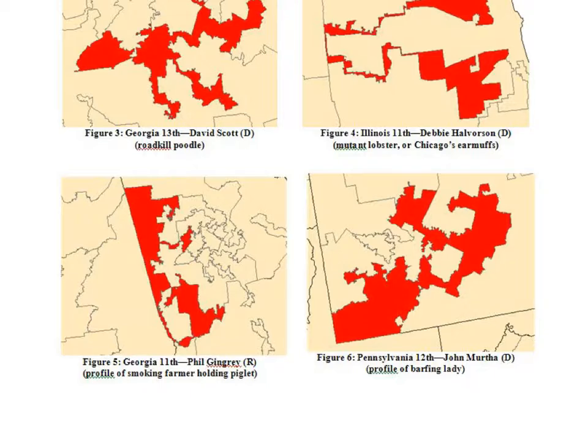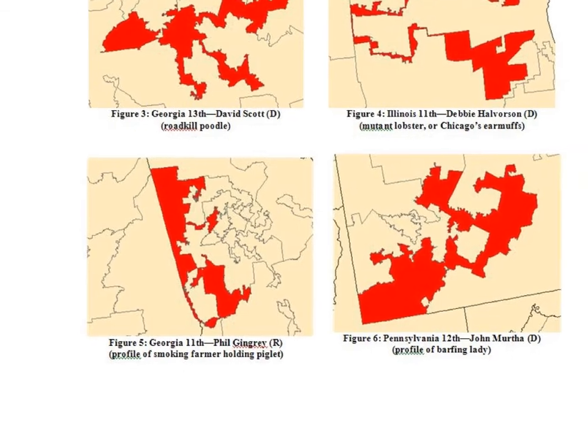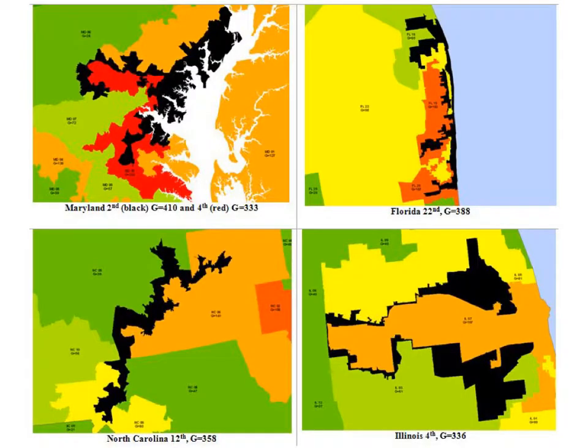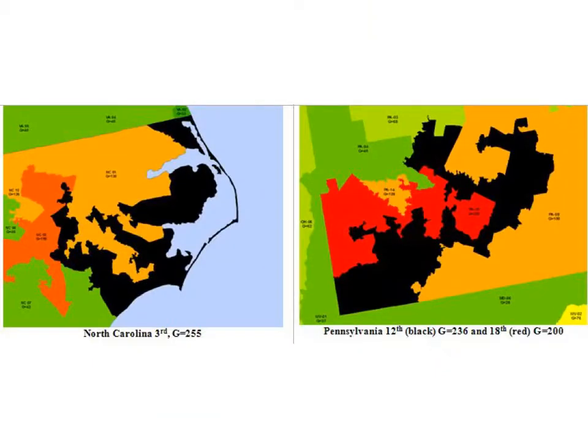We can also see over here in Figure 6 the profile of a barfing lady. Not really sure where you can see that. But in any case, you can see all of these different examples of gerrymandering. Here again, we're still looking at more and more examples, North Carolina and Pennsylvania.